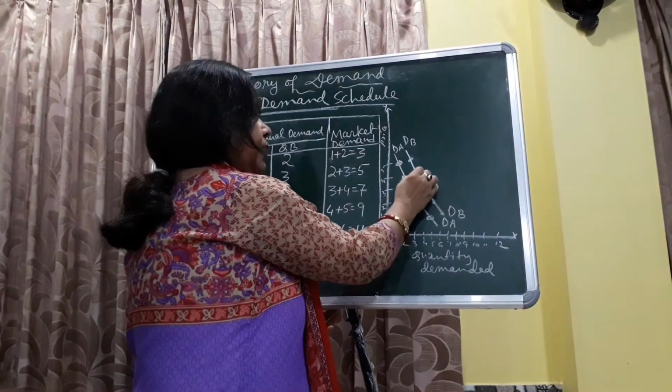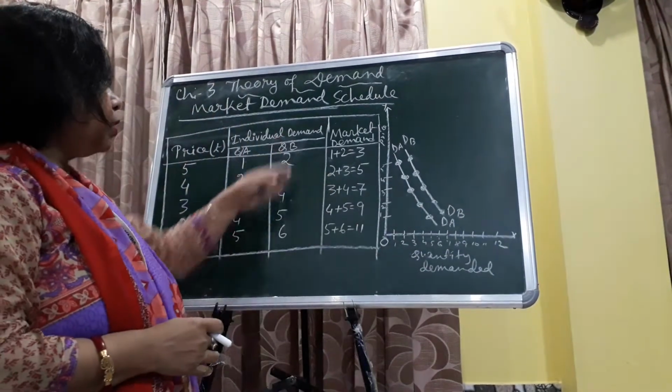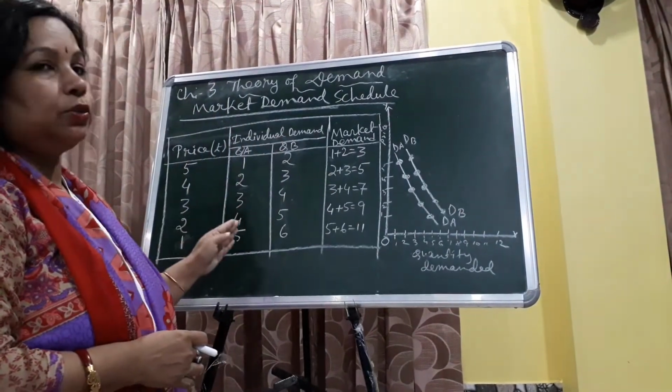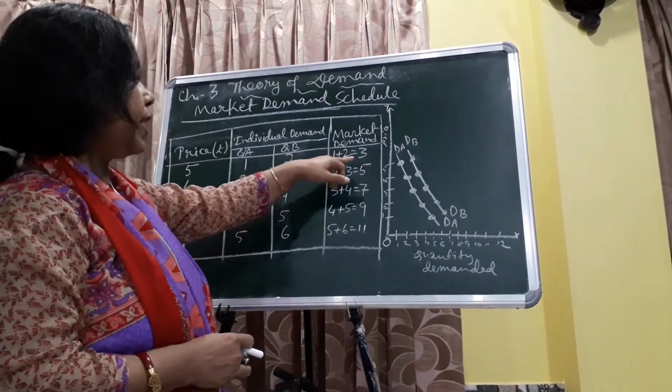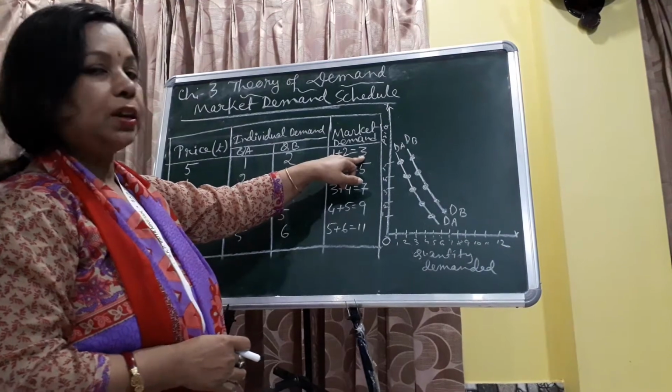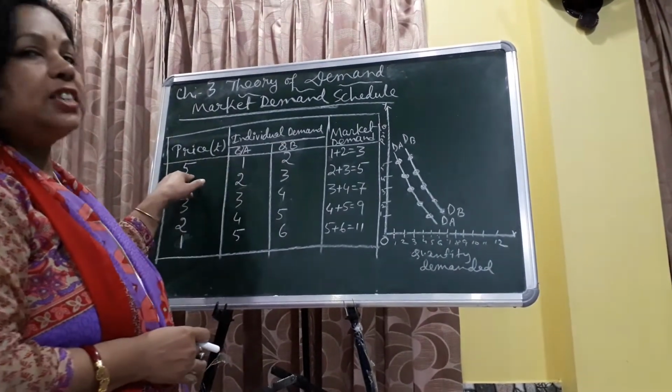Now add these two demand schedules, then we get the market demand schedule. First you see that 3 kilo of wheat is demanded by the two individuals at price 5.